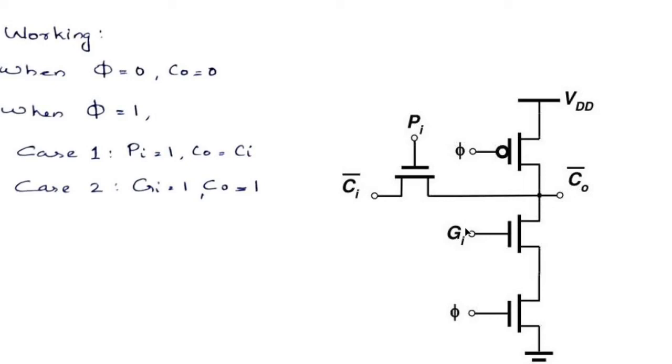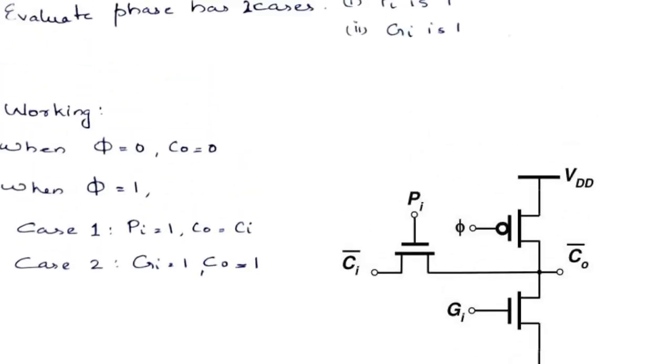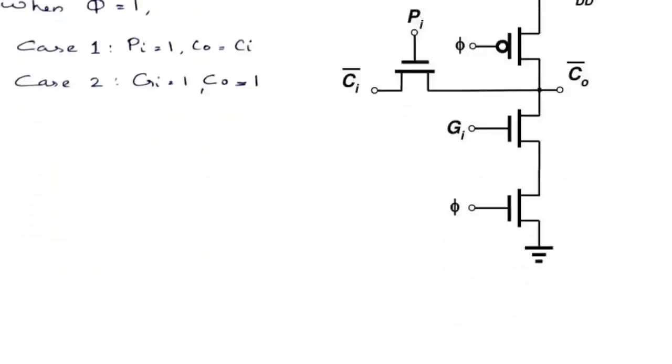In the evaluate mode, when phi is equal to 1 and Pi is equal to 1, then C0 bar is equal to Ci bar, or C0 is equal to Ci. And in the other case, when Gi is equal to 1 and Pi is equal to 0, then C0 is equal to 1. So these are the two stages in the dynamic adder.